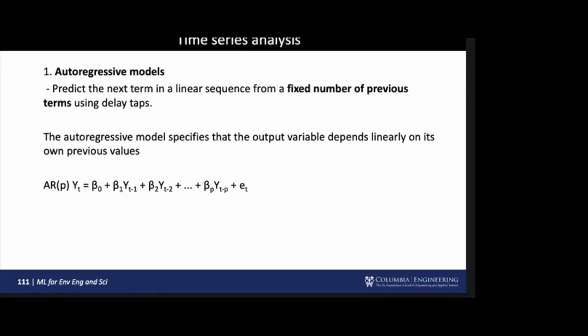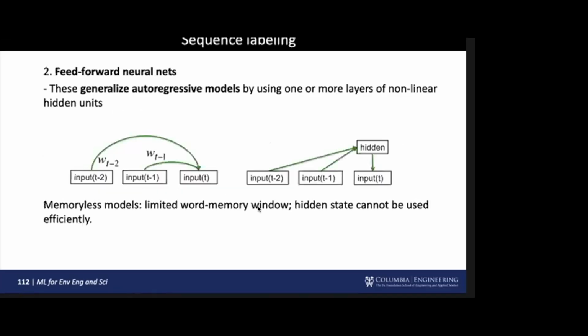As you can see in the formula Y_t here, we calculate the current value by weighing previous points like Y_{t-1} and Y_{t-2}, and adding a bit of noise, which is the e_t term here. It's basically a way of saying that to know where we are going, we have to look at where we just went. That's the autoregressive model.